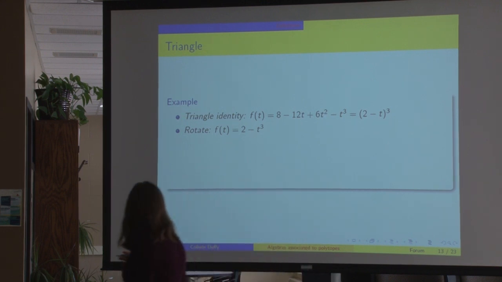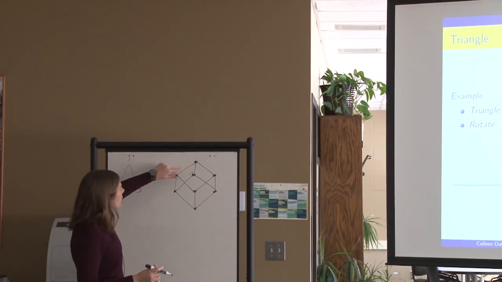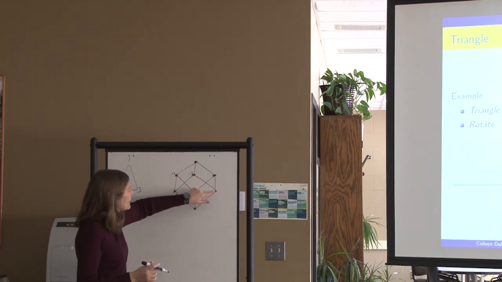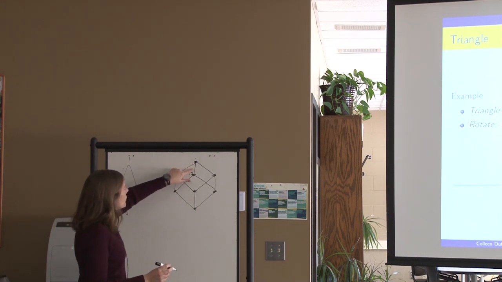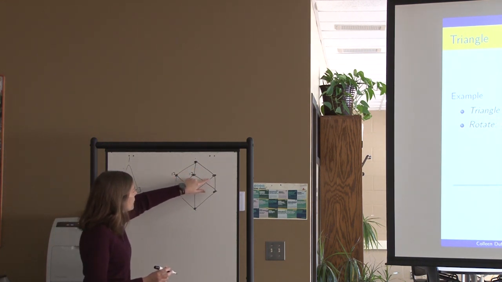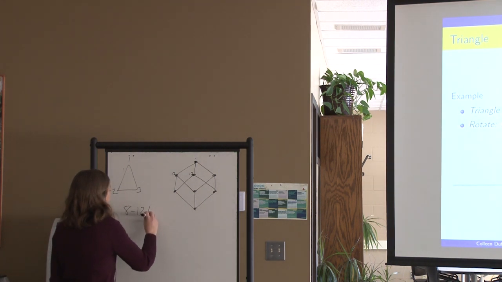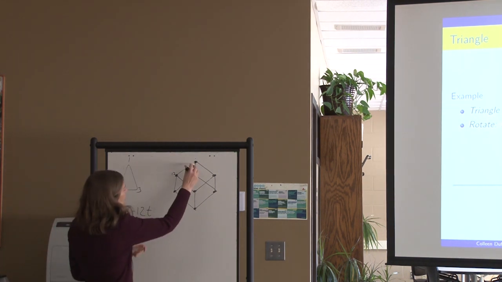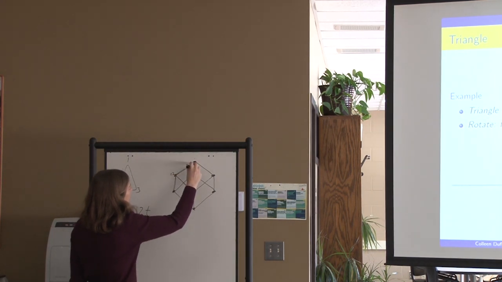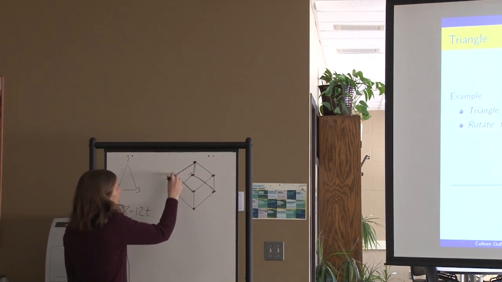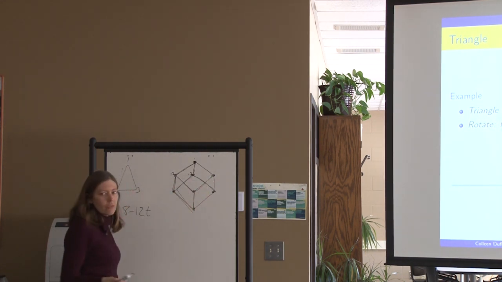So let's count how many paths are in here. So 1, 2, 3, 4, 5, 6, 7, 8 paths of length 0. 1, 2, 3, 4, 5, 6, 7, 8, 9, 10, 11, 12 paths of length 1. I can go 1 or 2 or 3, 4, 5, 6 paths of length 2.